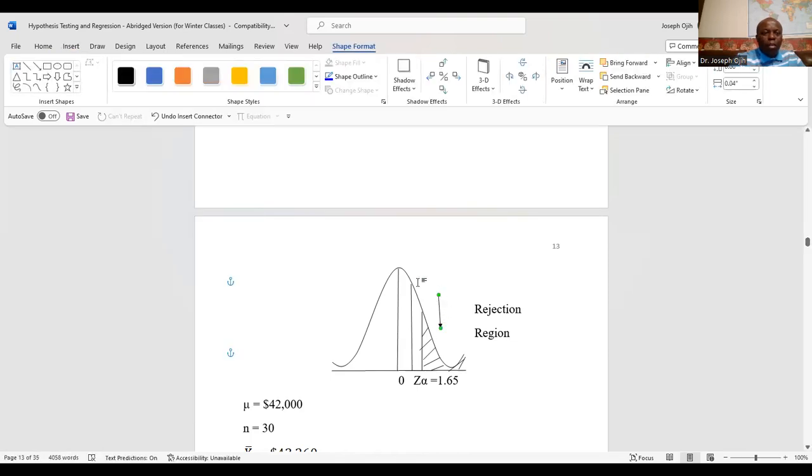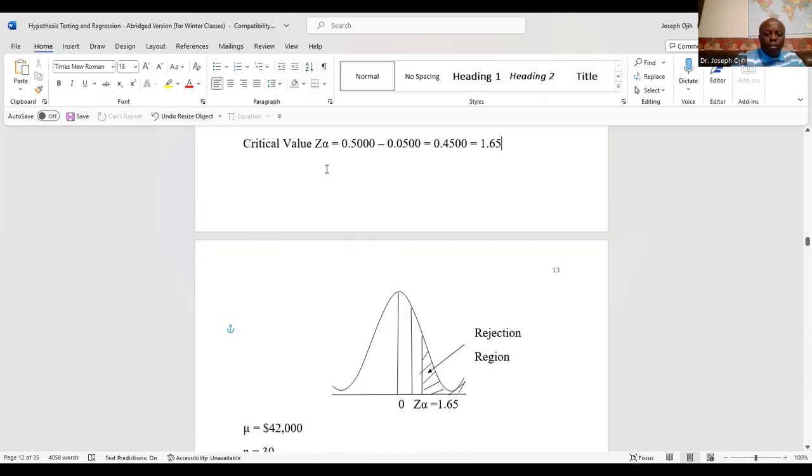Oh, excuse me, a mistake. I have to adjust this. The rejection region is right here. This is the region where we reject. Anything that falls in this region, we reject. But then acceptance.